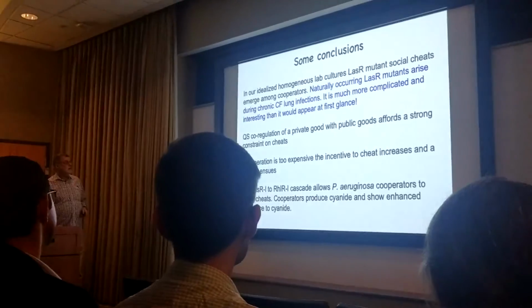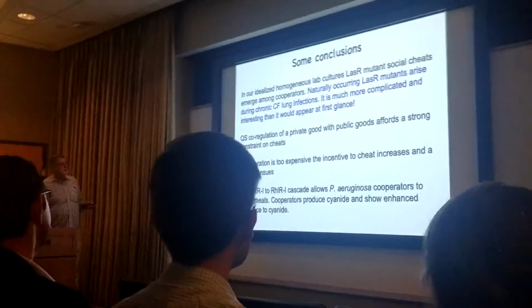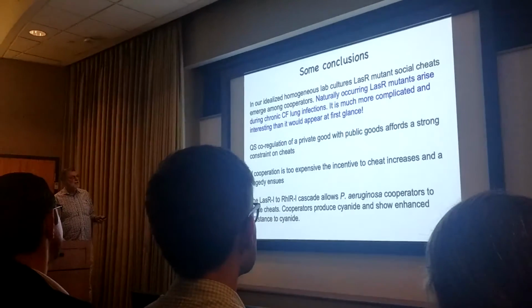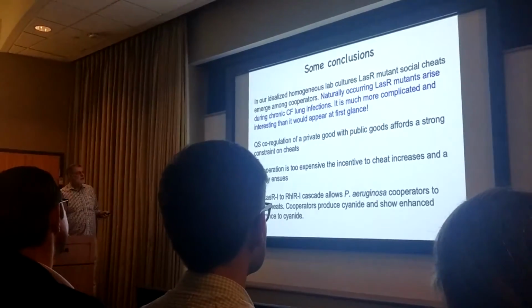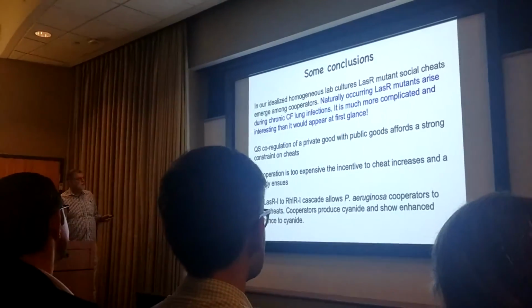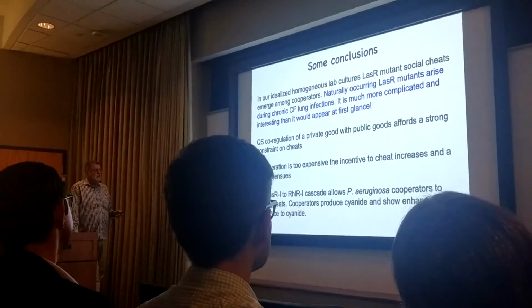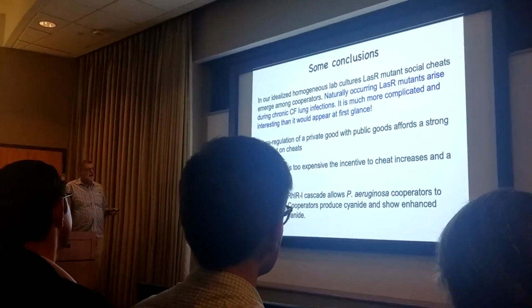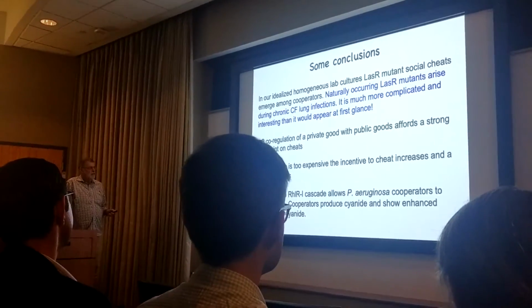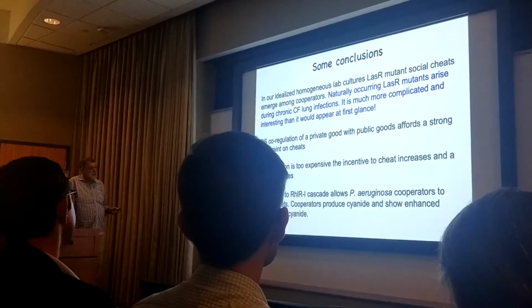So some conclusions. In our idealized homogeneous lab cultures, LasR mutant social cheats emerge among cooperators. Naturally occurring LasR mutants arise during chronic CF lung infections, but this is much more complicated and interesting than you might have guessed. Quorum sensing, I didn't tell you about this actually.